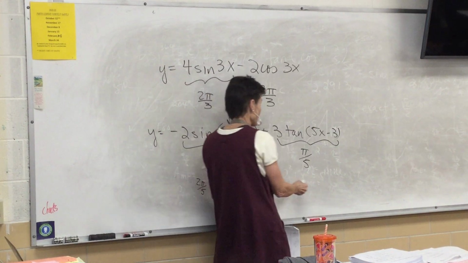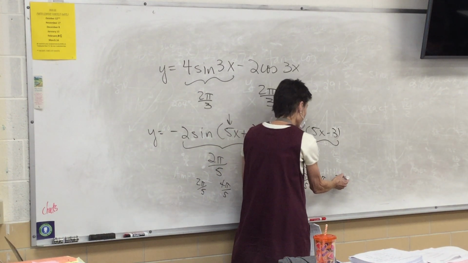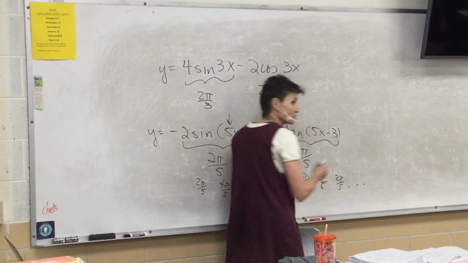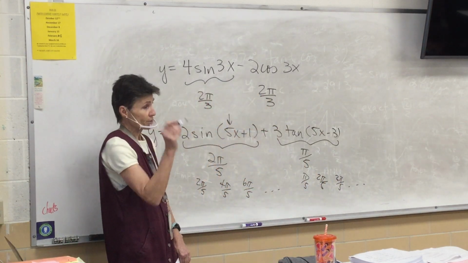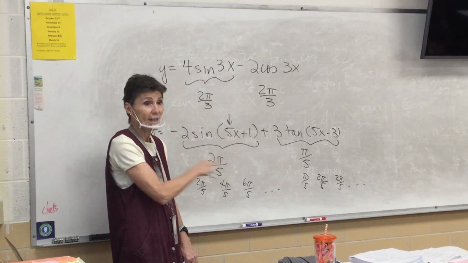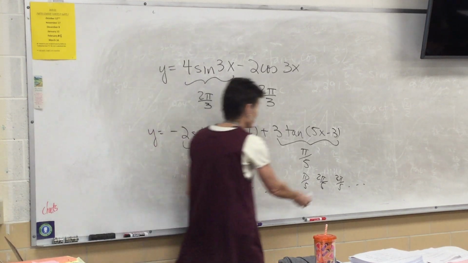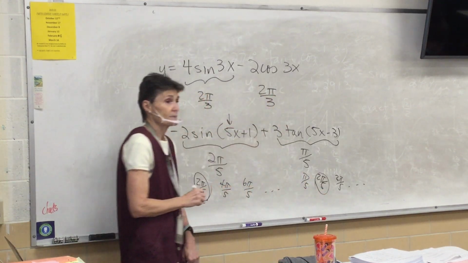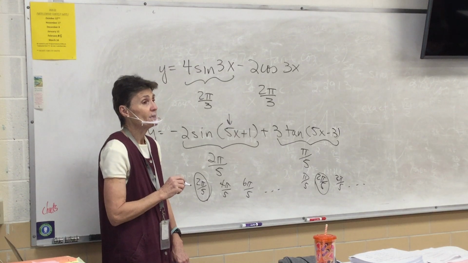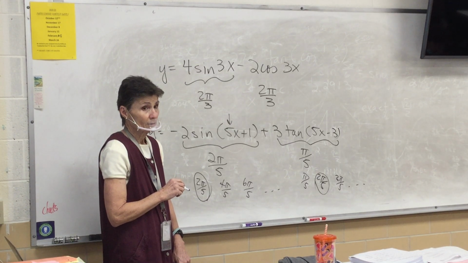This one repeats every pi over 5. So 1 over 5, 2 over 5, 3 over 5, and so on. The first time they both repeat together, so the first number they have in common, is their period. Well, don't they both have a 2 pi over 5? Yes. So the period of the sum is 2 pi over 5. Okay, got it?